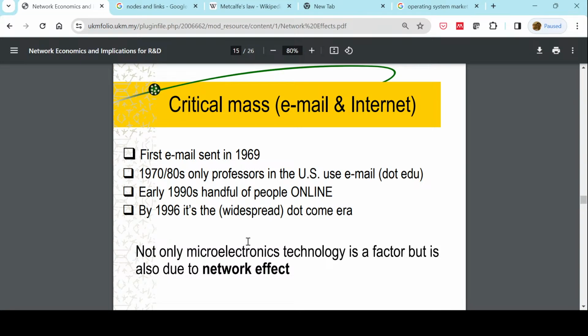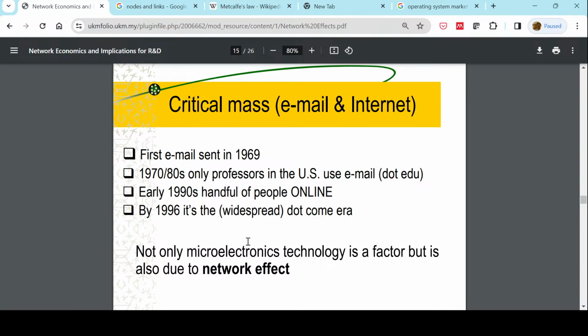But perhaps you remember when we saw Metcalfe, he wrongly predicted something about the internet.